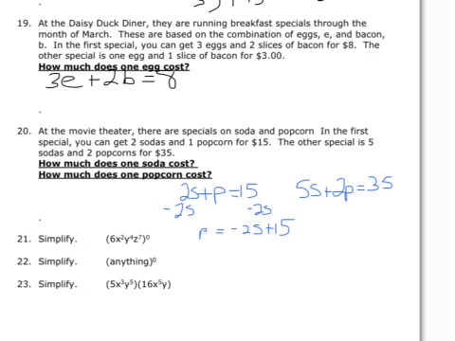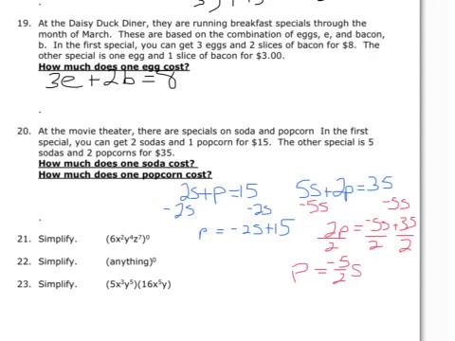And for this one over here, we're going to add negative 5s to both sides and divide everything by 2. So I'm left with P equals negative 5 halves S plus 35 over 2.